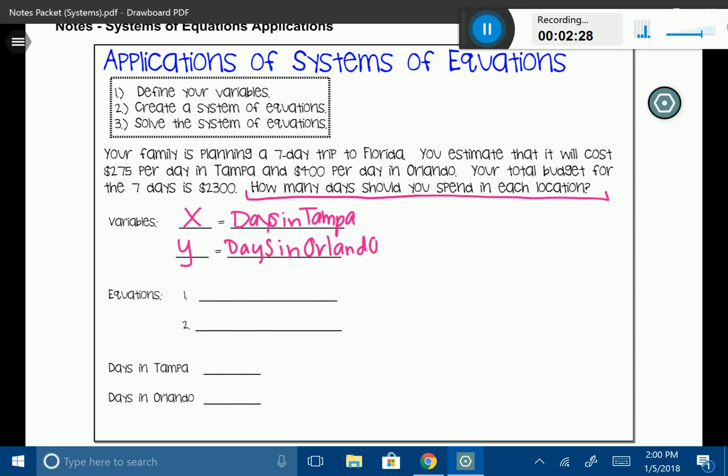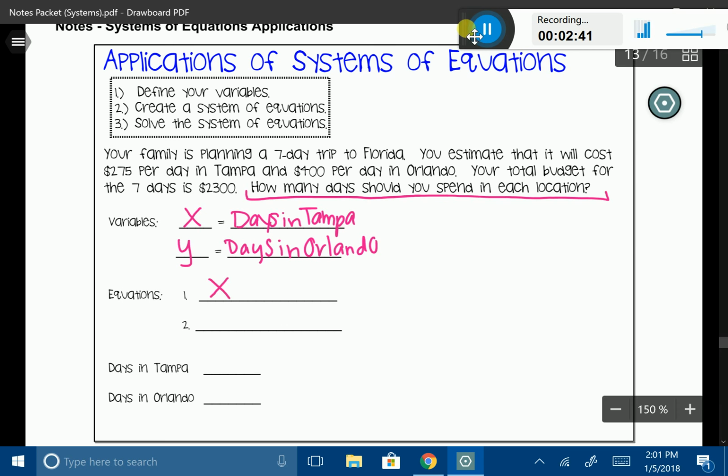So our first equation here is going to be very simple. What we're saying is that we're going on a 7-day trip to Florida, and we want to figure out how many days in Tampa, how many days in Orlando. So I'm going to represent that by saying how many days in Tampa plus how many days in Orlando is going to equal 7 days total. That's very simple, very basic.